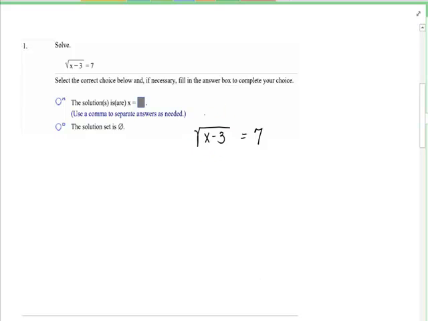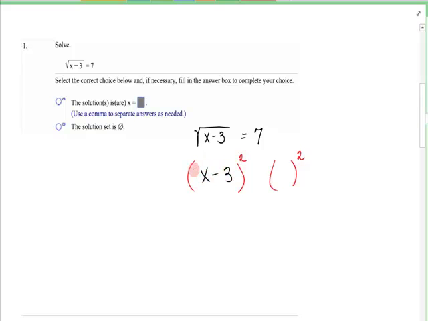Since this is already isolated, I'm going to do the inverse, trying to get x out of the radical. I'm going to square the left side, and square the right side.